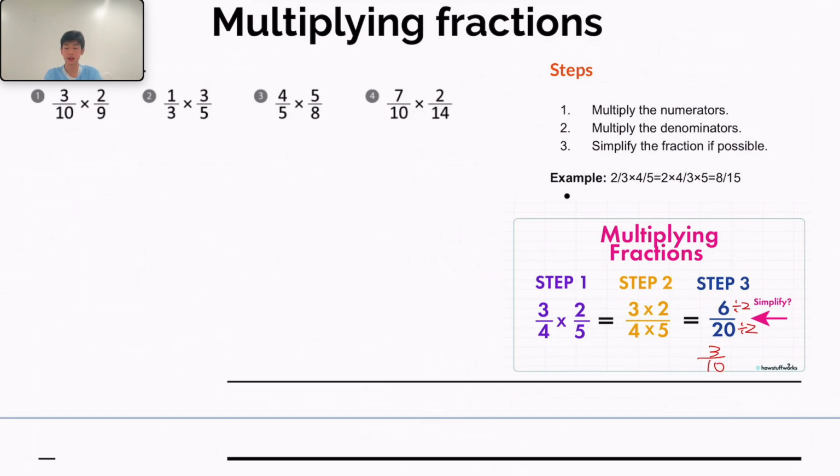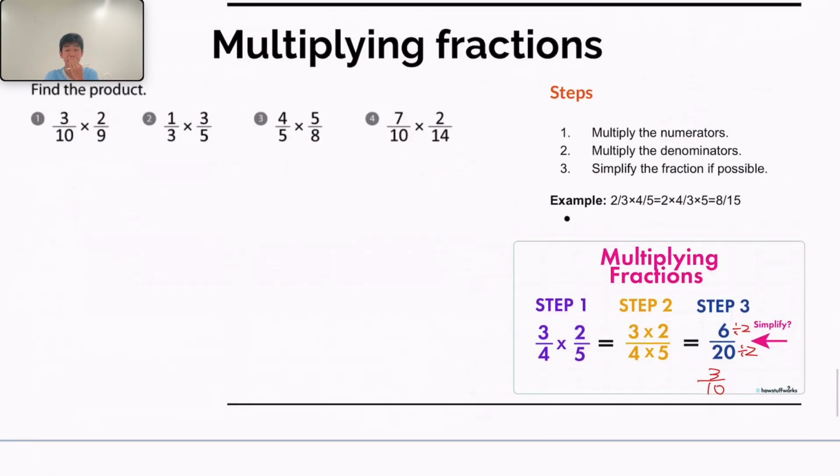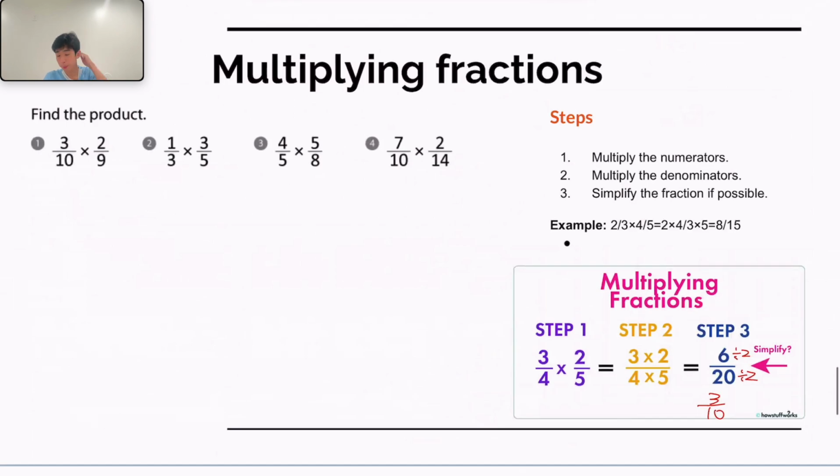Okay, let's take a look at the first example here. So, quick tip here. When multiplying fractions, you can actually look for the greatest common divisor first. For example here, you simplify the numerator with the other denominator, and you find the greatest common divisor among them.